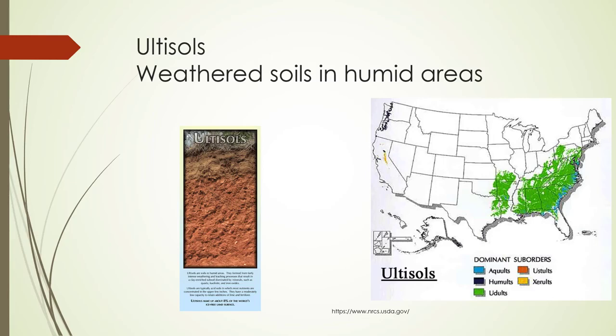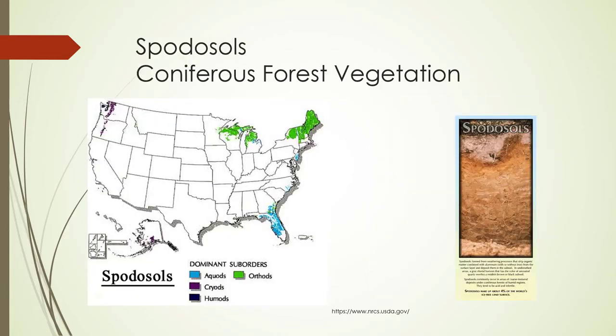Ultisols, these are weathered soils in highly humid areas, and this is going to be primarily in the southeast, kind of coming up the mid-Atlantic coast. Very low in natural fertility and high in soil acidity. You need to use fertilizer and lime inputs for this to be a productive soil. You can see there's not much in the way of an O layer or horizon.